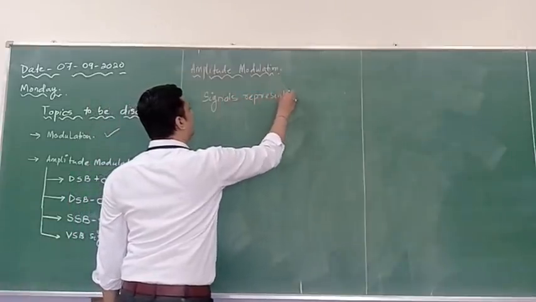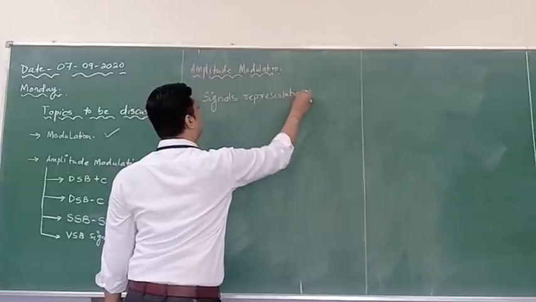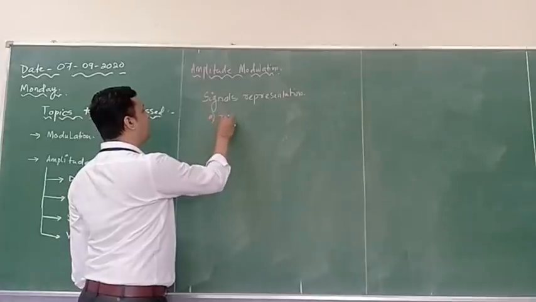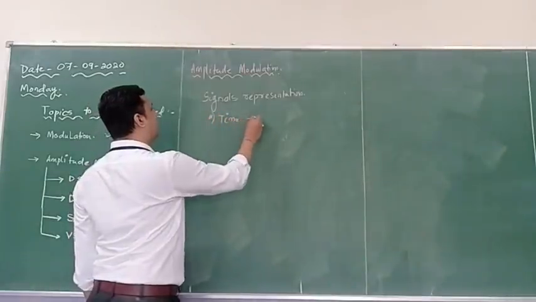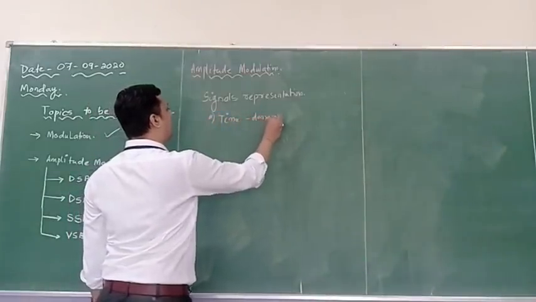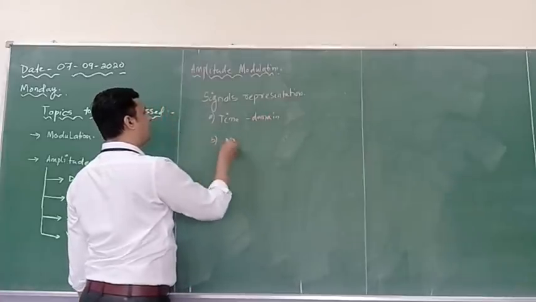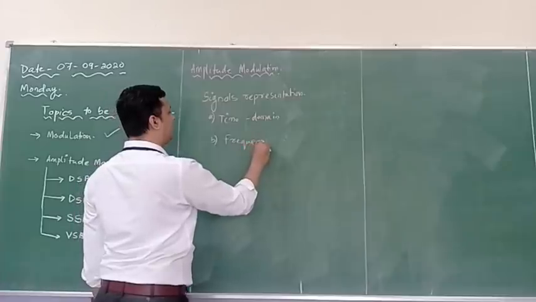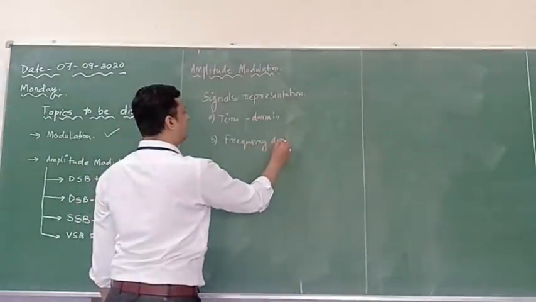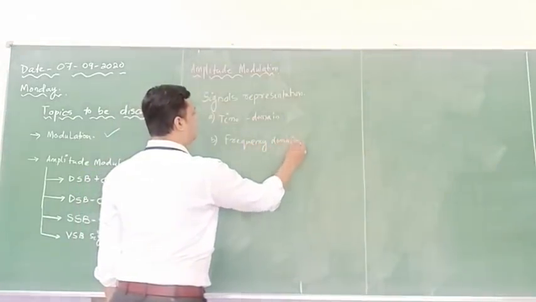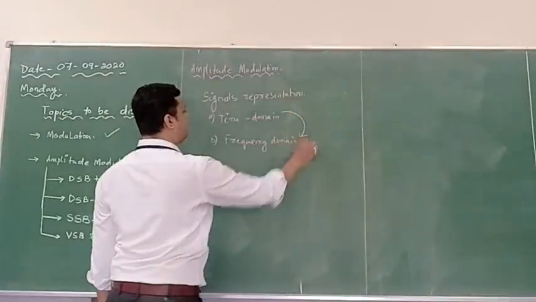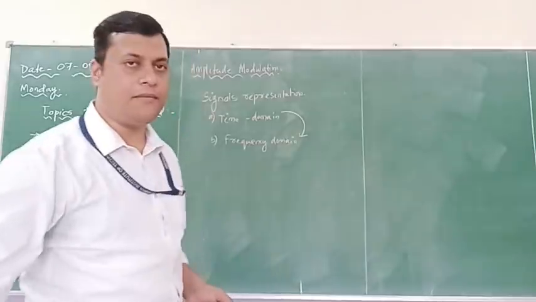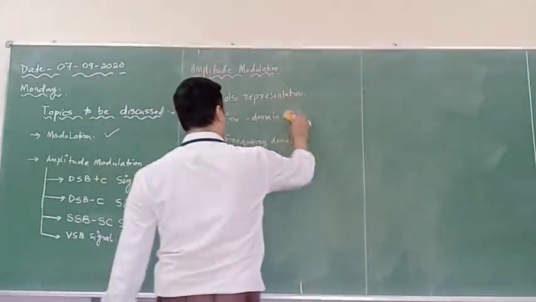Signal representation, both in time domain and in frequency domain. You are aware of this transformation, how we convert the time domain parameters to the frequency domain parameters, and it is done with the help of the Fourier transform.